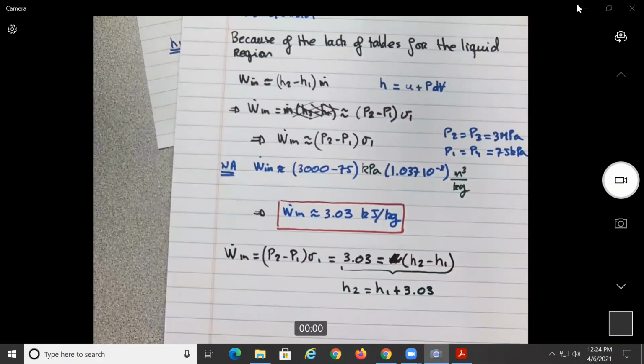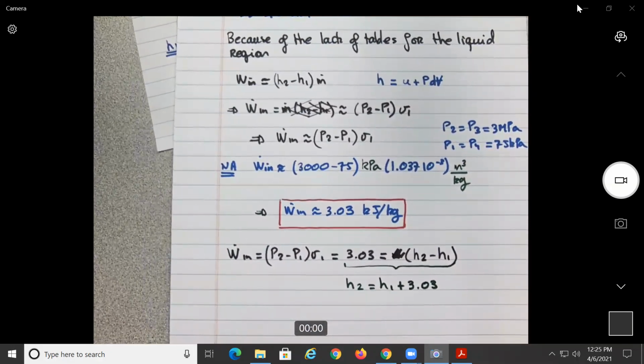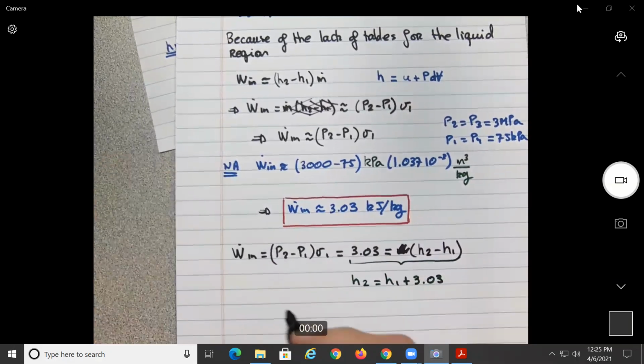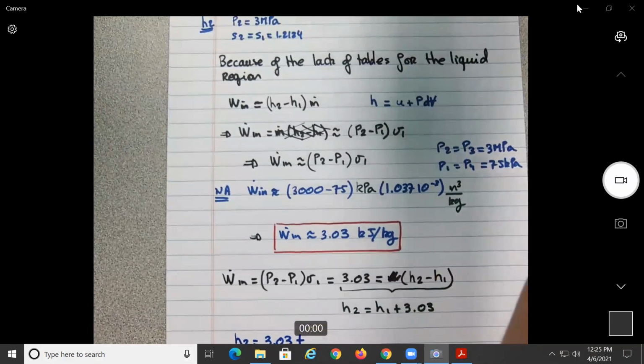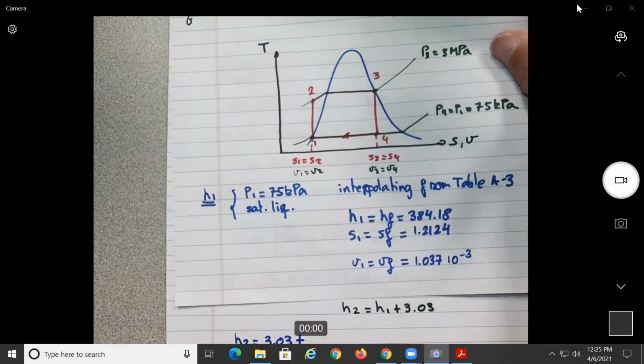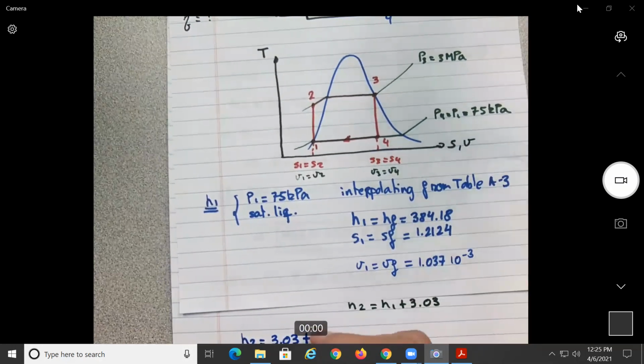Sorry for that. Okay, so at the end, we're going to have that H2 equal to 3.03 plus H1 that we found before to be equal to 384.18.